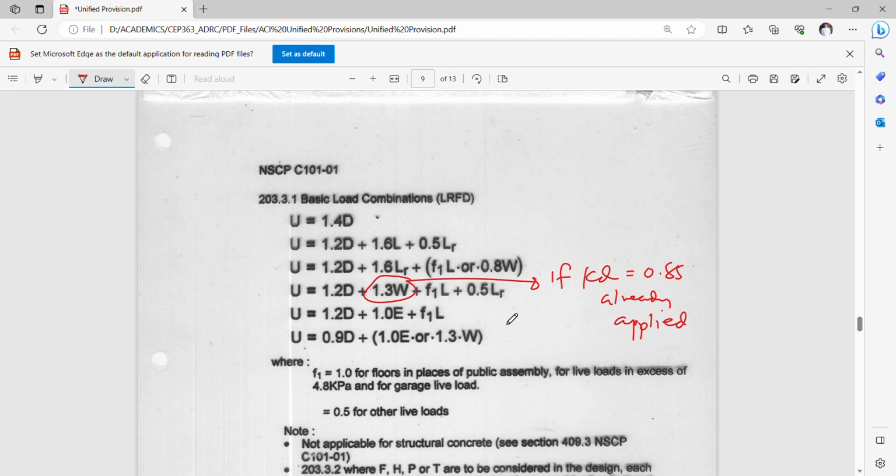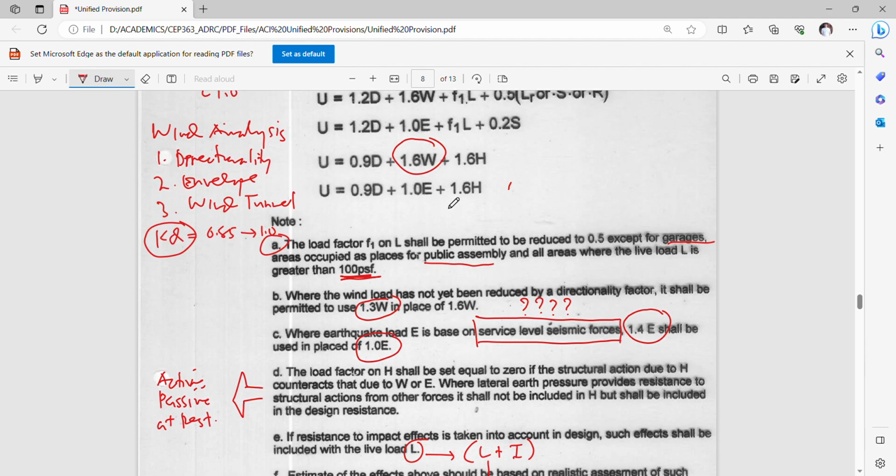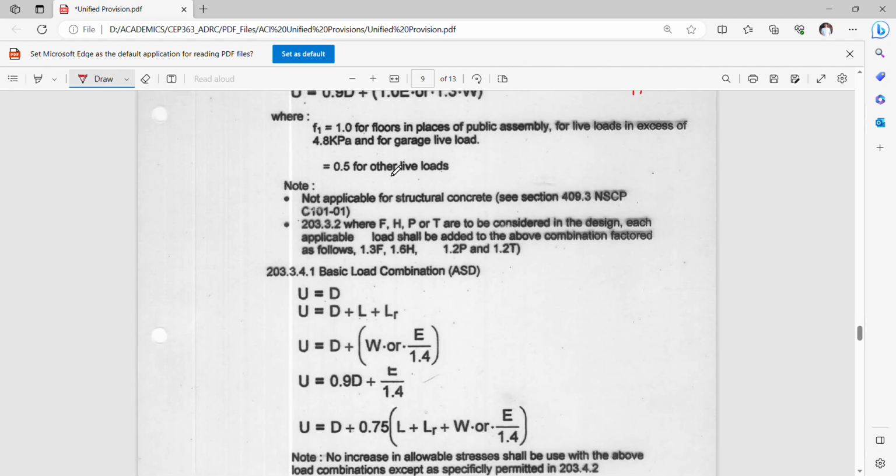But basically these are just 1.9, 1.3, F 1.0, 0.5, 1 and 0.5. So these are the things that I discussed a while ago.